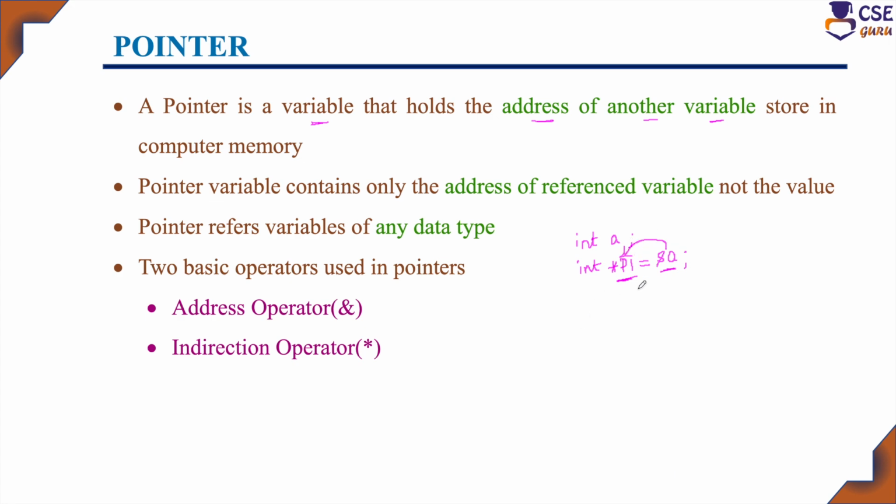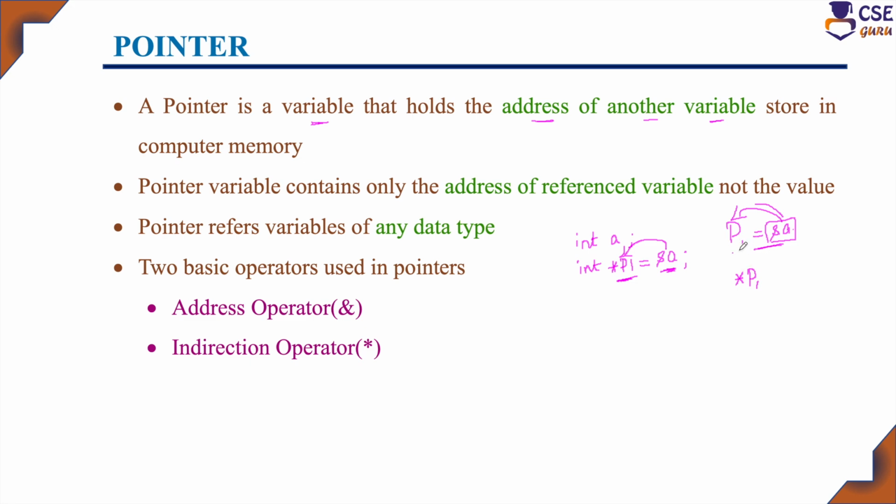That is the meaning. This pointer variable will not store the value. It will store only the address. When you want to refer to the value in that address, for example, if you are considering p1, the address of a will be stored in p1, and when you want to refer to the value stored in that address, you have to use the pointer variable *p1. So the address of a will be stored with p1, and if you refer to p1 it will hold only the address.